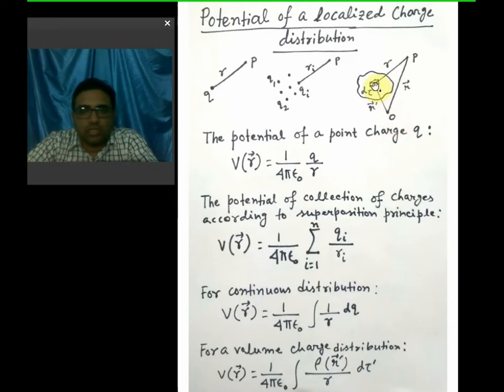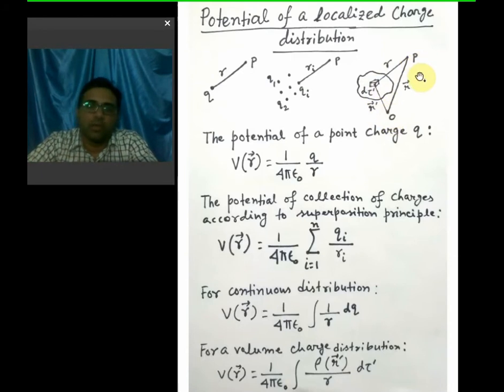From the origin, the distance of this elemental volume where we are considering the charge dq is r prime, and from the origin the distance of the point P where we want to find the potential is r, and this script r is actually r minus r prime, right? That we saw.